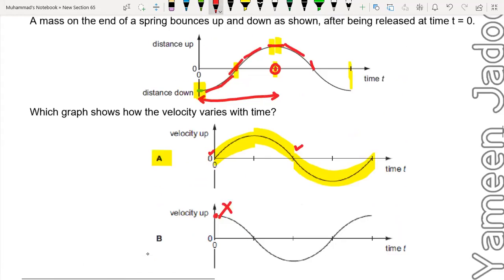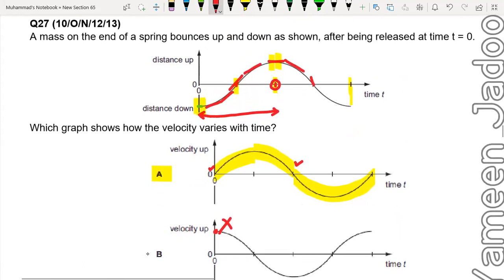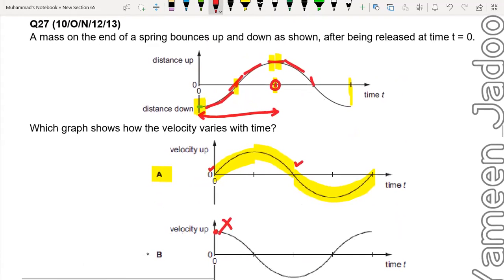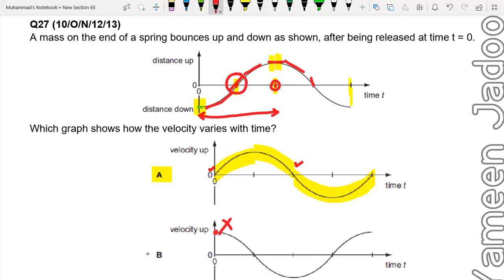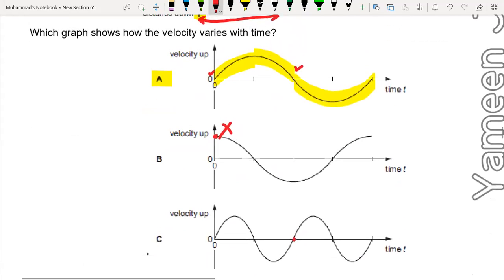Okay. No, no, no, no. There is something wrong. Okay. So the gradient of the distance time graph is velocity, and over here the gradient has some non-zero value. So velocity should not be 0 at that point. Okay.